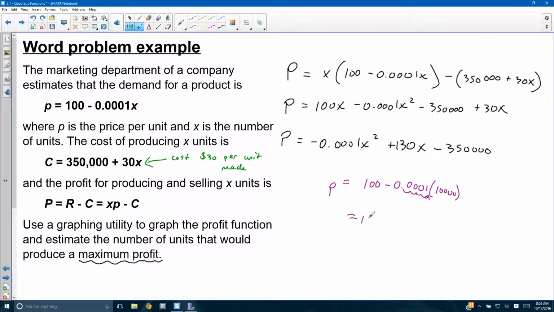We'll be doing 100 minus 1, which is 99. Our price point at 99 suggests that 10,000 units will be sold, or the other way around. If we are trying to sell 10,000 units, we'll set our price point at $99. So that's the idea behind this.